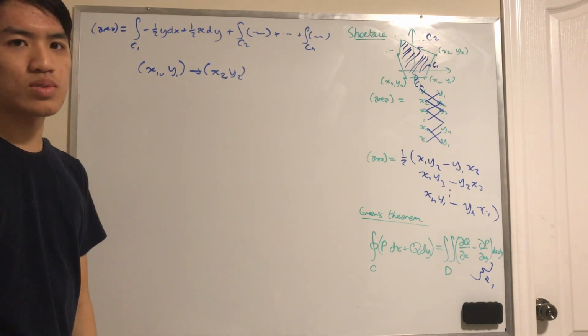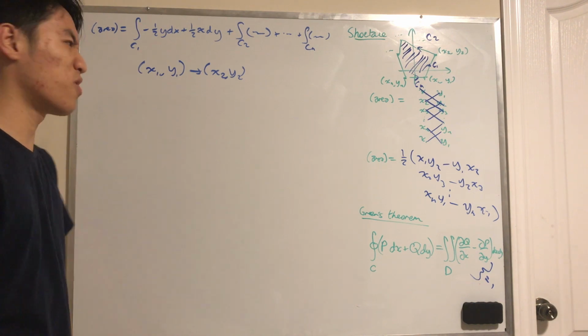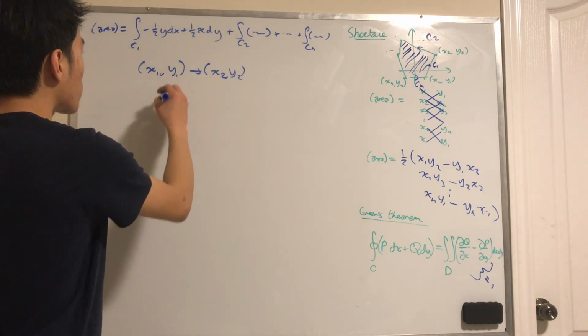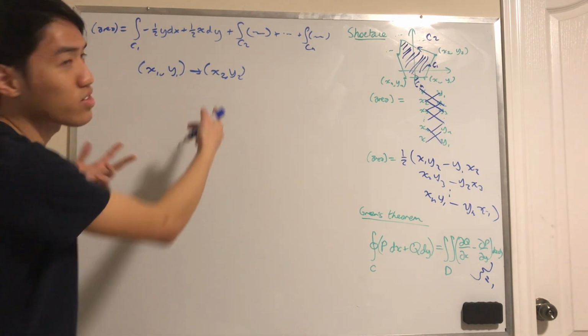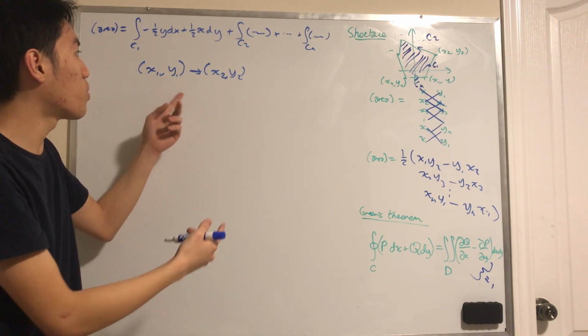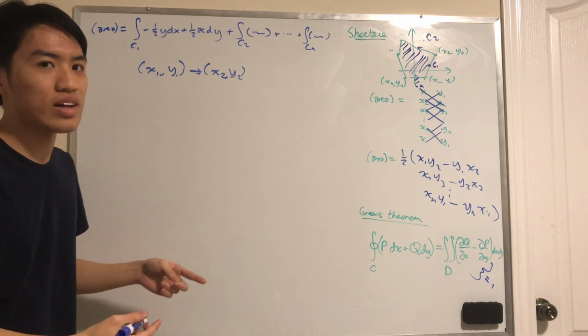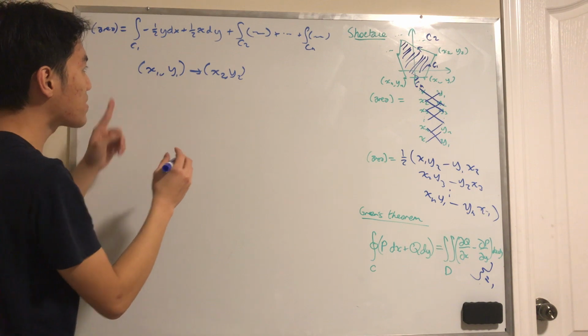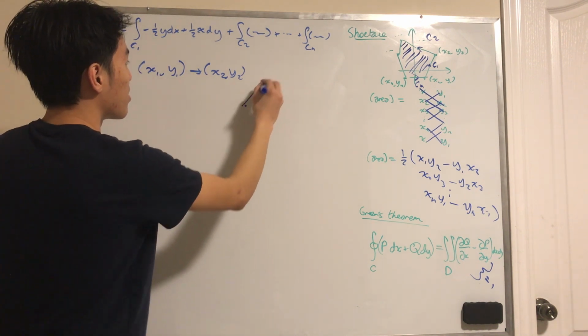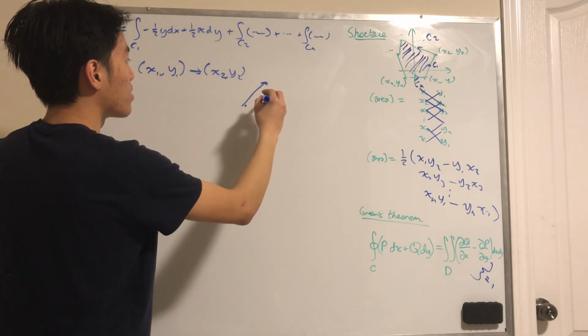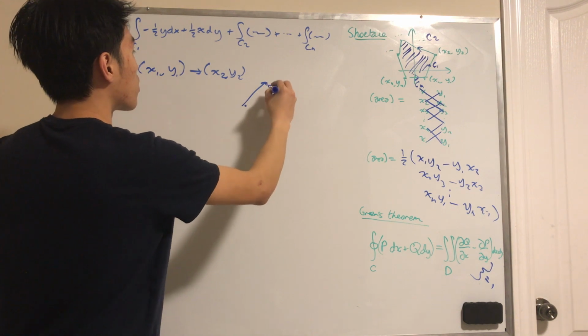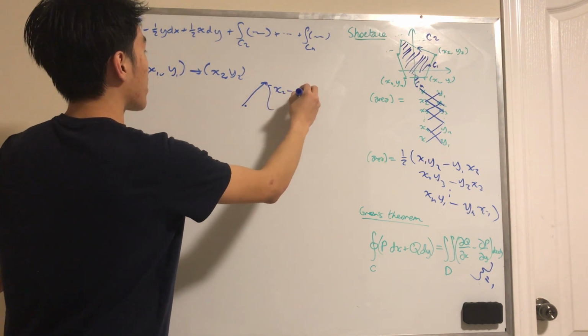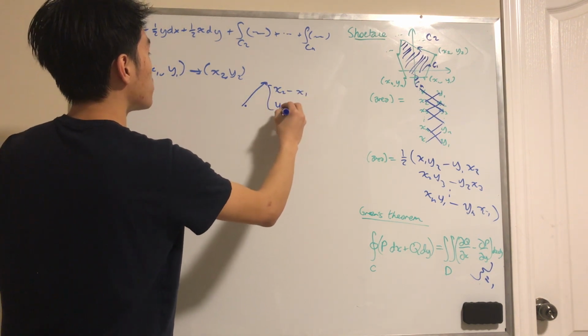Here's how I always think about it: in terms of vectors. How do I get from the vector x1, y1 to the other vector x2, y2? The vector that connects them has components x2 minus x1, y2 minus y1.